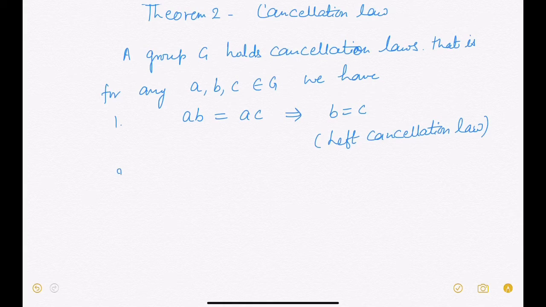And second, BA equal to CA implies B equal to C, and it is called right cancellation law.